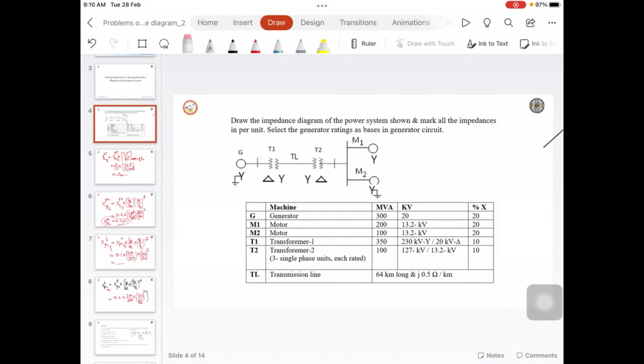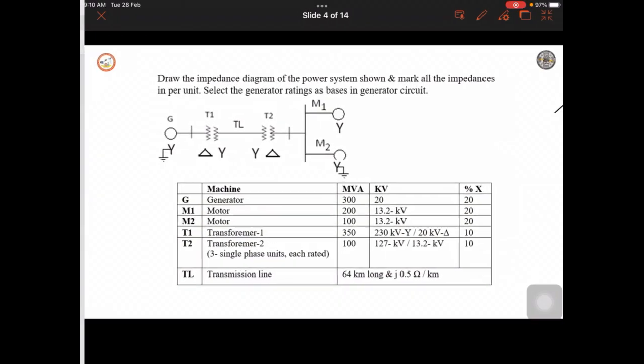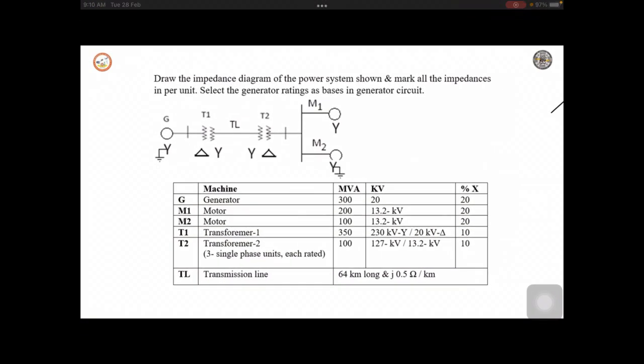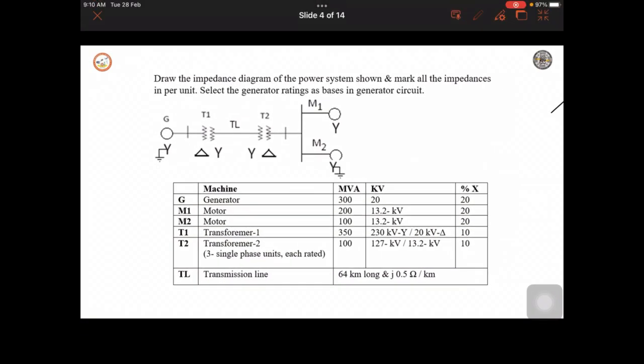If resistances are not given, one cannot find the resistance values. So even though the impedance diagram is asked here, since there are no resistances in any component, you can write the reactance diagram itself as the impedance diagram.